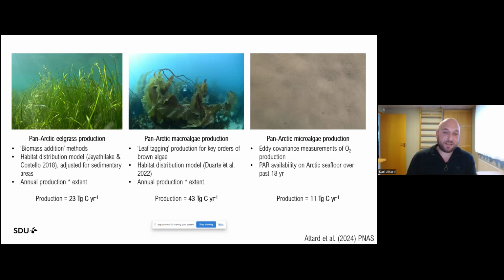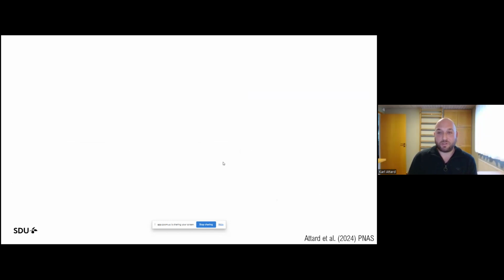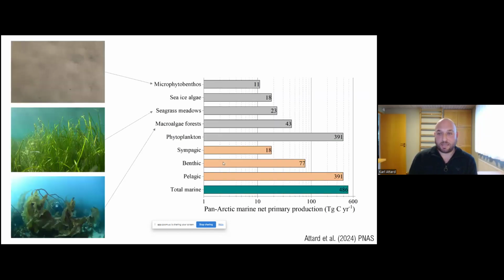But using habitat distribution models and the rates, we came up with some numbers for what we think could be the pan-Arctic annual primary production of seagrasses, macroalgae, and microalgae. And this value comes to about 77 teragrams of carbon per year.